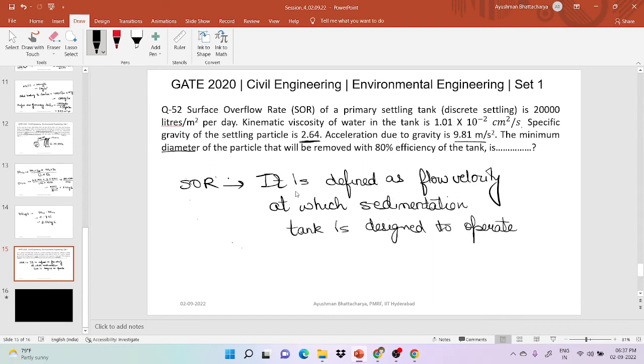So basically, surface overflow rate is defined as the flow velocity at which a sedimentation tank is designed to operate. We denote it by V naught, which is discharge upon surface area.